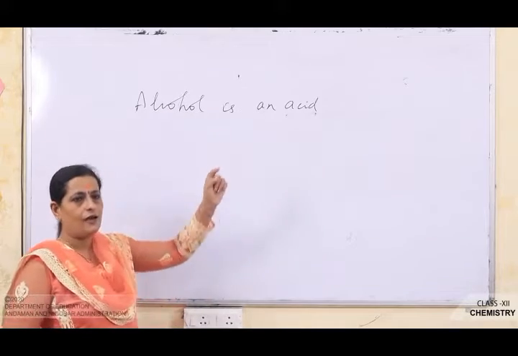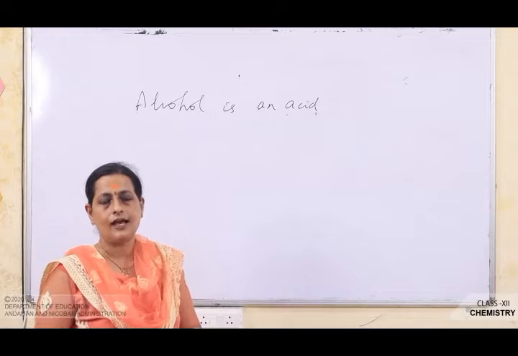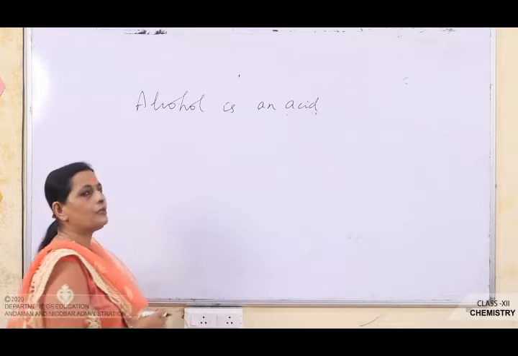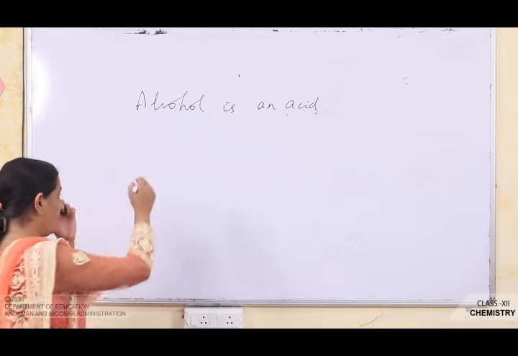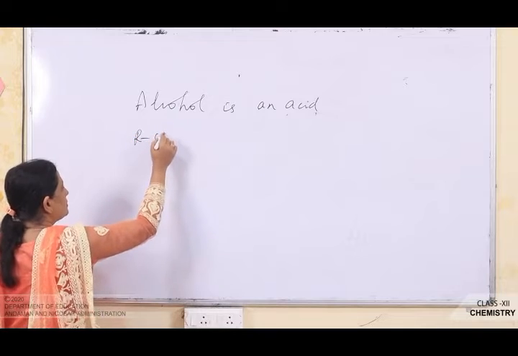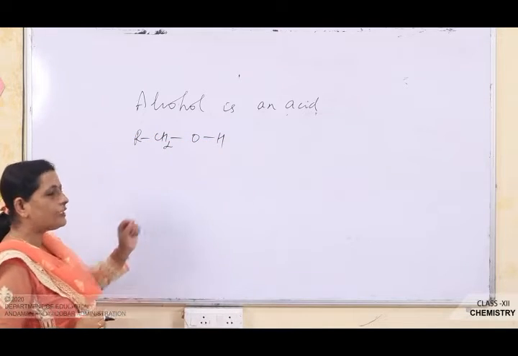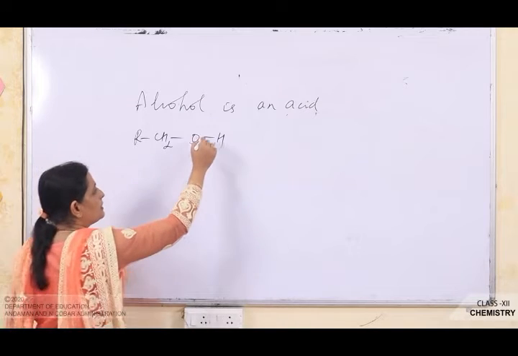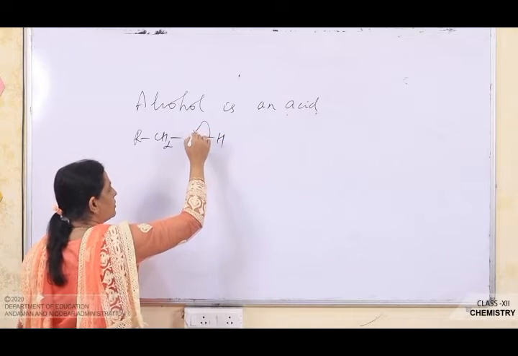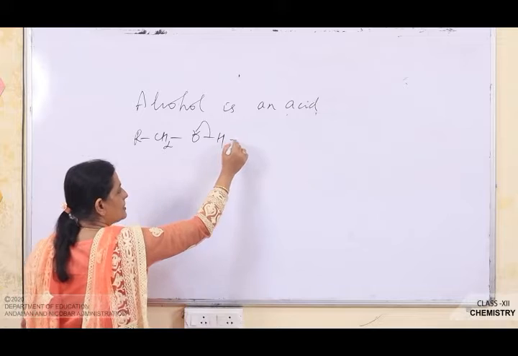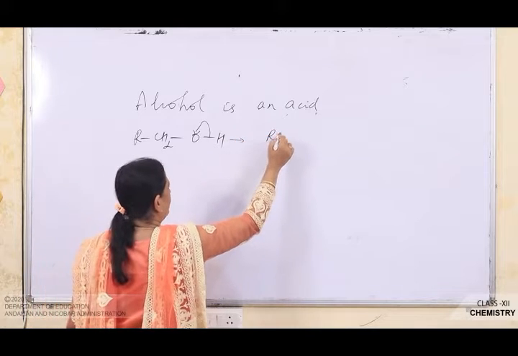So phenol is not a Bronsted base, but alcohol is a Bronsted base. Alcohol is also an acid. Why does alcohol act as an acid? It's due to the polarity of the OH group. Now see here, alcohols are R-CH2-OH. Here, the polarity of the OH bond means the sigma bond shifts towards the oxygen atom. So this hydrogen atom can be given as what? A proton.